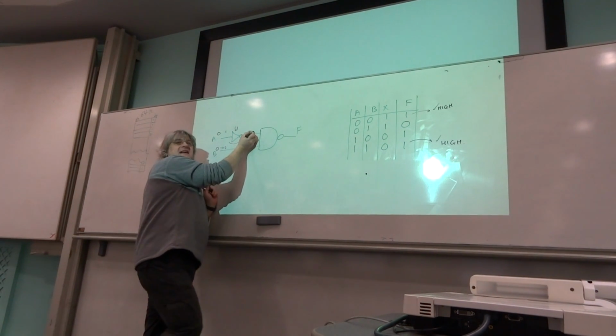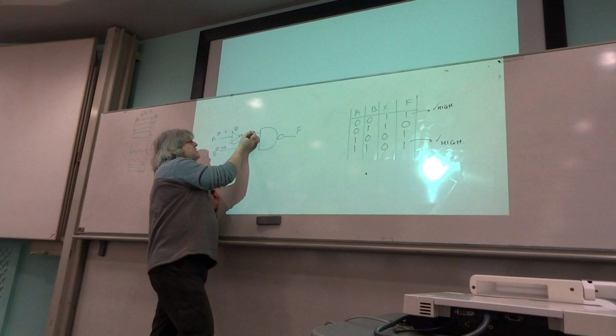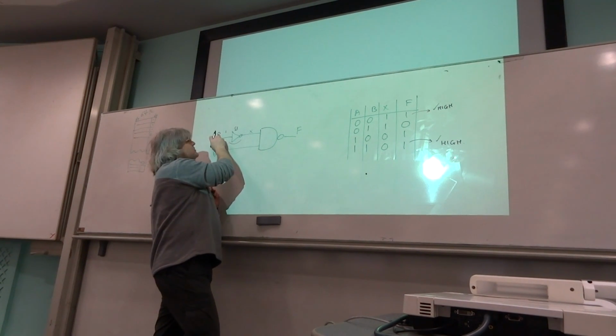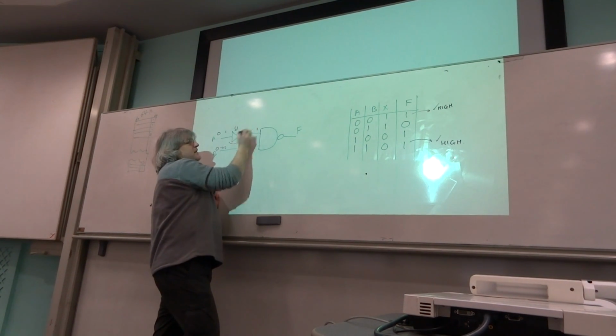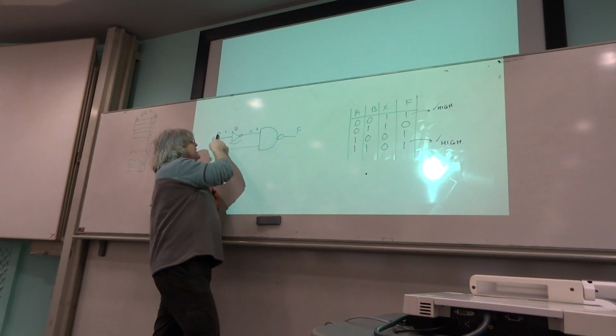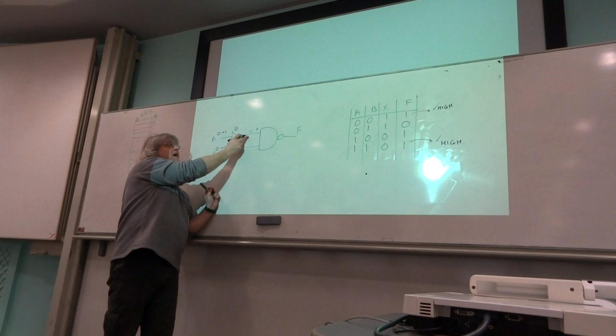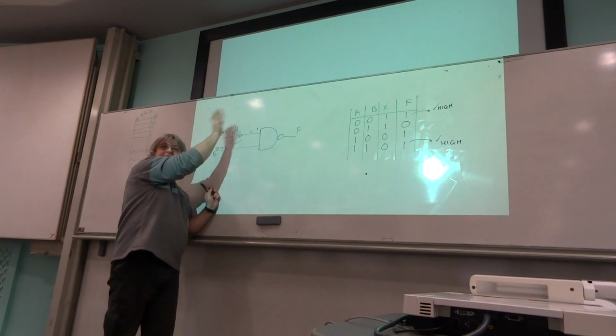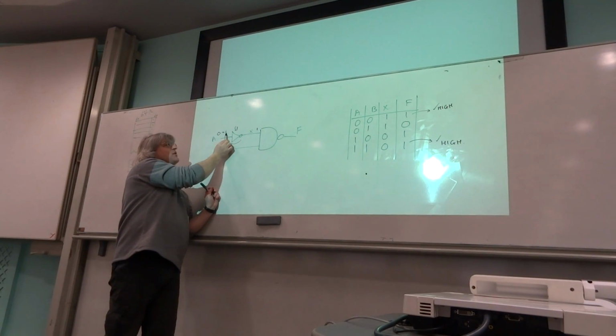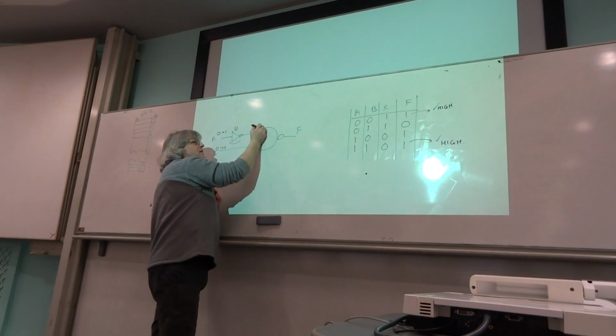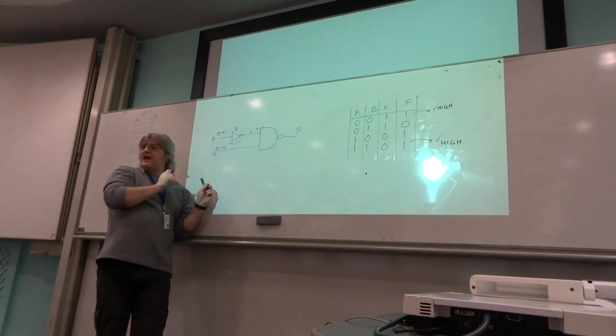So for a while, X is still going to be whatever the value was. It started off being low, which means the output of the inverter was high. That was the initial thing, and we've gone to a state where it's going high. So this will go low at some point, but it isn't going to happen straight away.